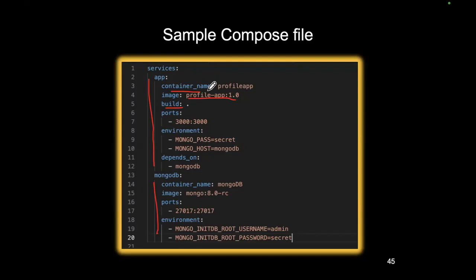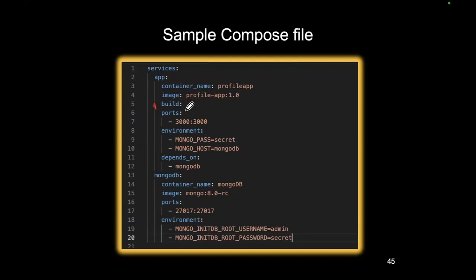In this simple example, if there is no image called that in my set of images that I have locally, then the effect of this setting will cause Docker Compose to actually build the image.